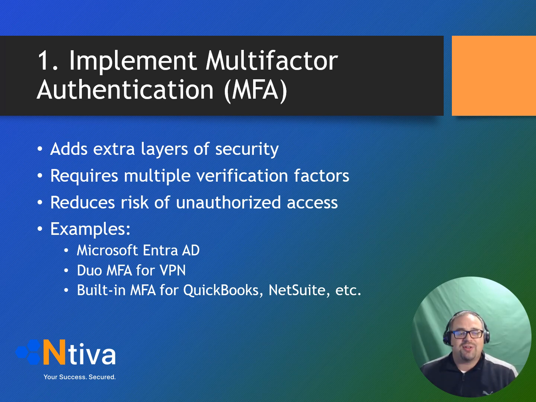So it's not another something you know, but it might be something you have, like your phone, or it might be a hardware token that has a kind of a rolling number on it. But before you can access something like your network or your QuickBooks or your NetSuite, you have to have that second factor of authentication.